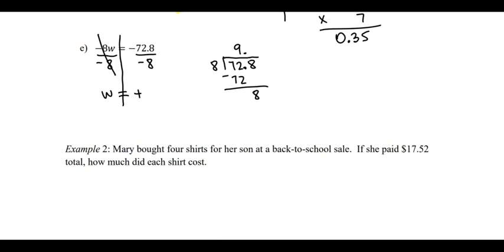To get to the 8, I had to step over a decimal point, so I'll place that in the answer, 9.1. So 8 goes into itself 1 time, and that is a 0. So W equals positive 9.1. And then I can get rid of this plus sign. That was just a reminder for me that I already decided on the sign and took care of the sign.